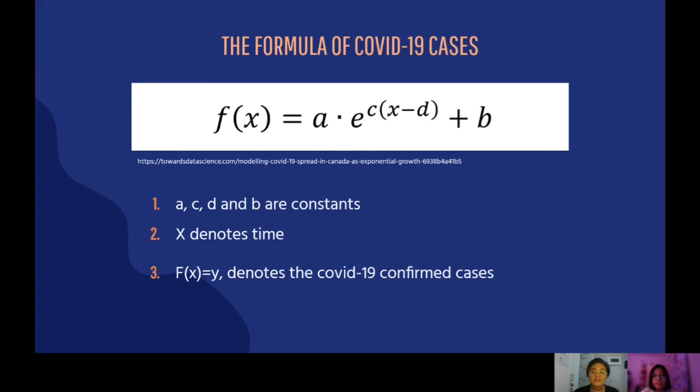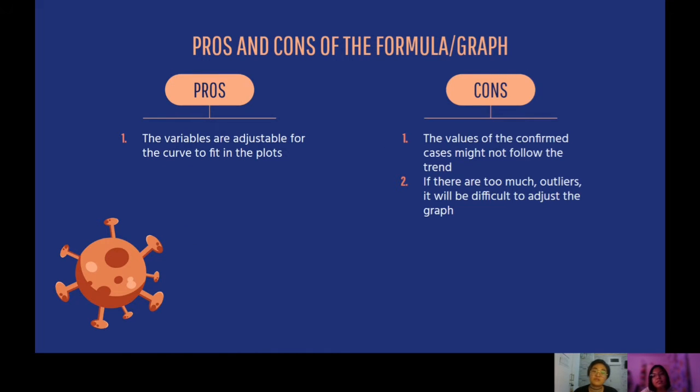Moving on to the next slide, let me explain briefly about the pros and cons of the formula or of the graph. The pro is that, just as I mentioned before, the values of the constants can be adjusted to fit the curve or the model.